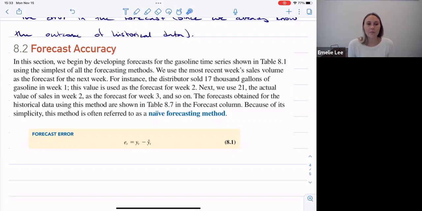But for each forecast, you're going to have some error term.